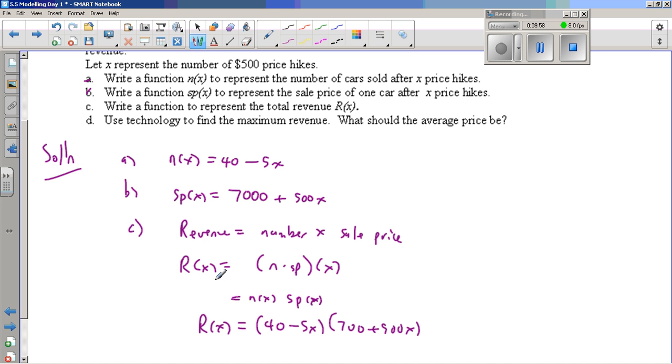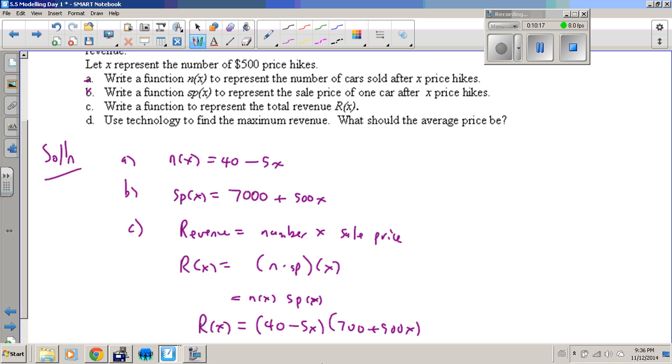Great. And then it asks us to use technology to find the maximum revenue. And I suppose we can do that. There's a way actually very quickly, because when the revenue is zero, I can find the x-intercepts, and I could find the vertex pretty easily using grade 10 techniques, but it asks us to use technology.